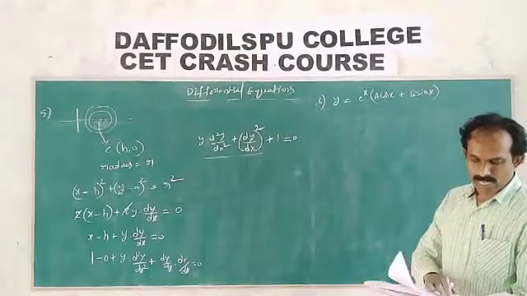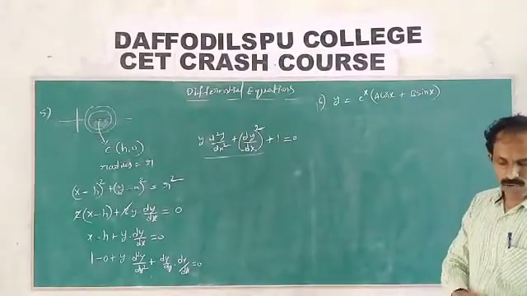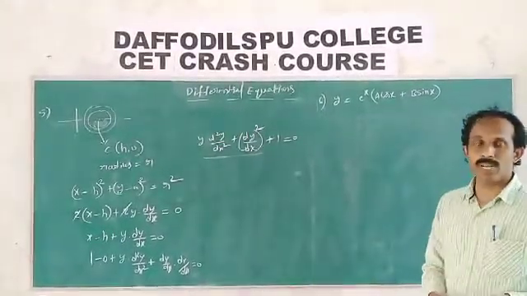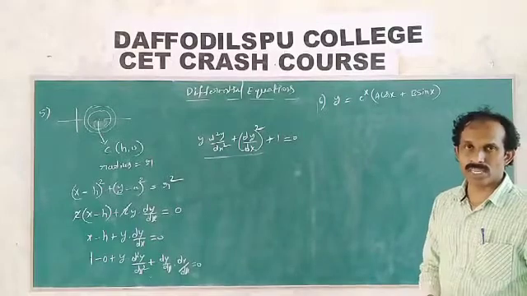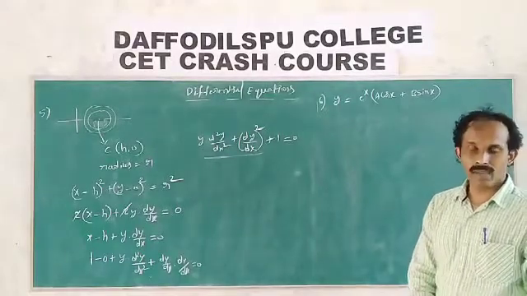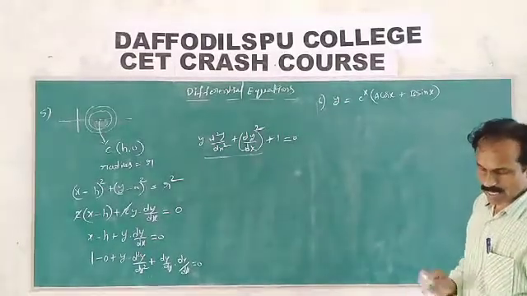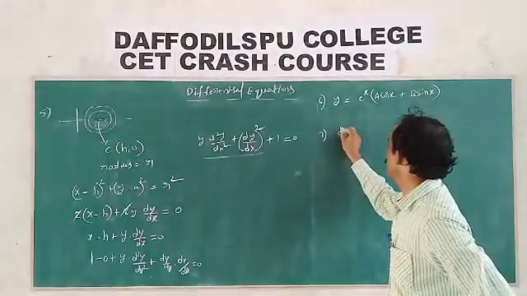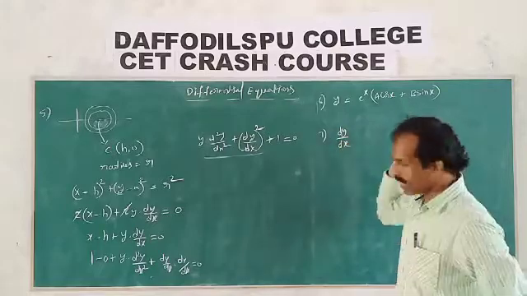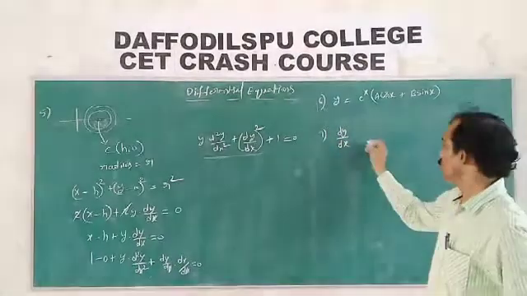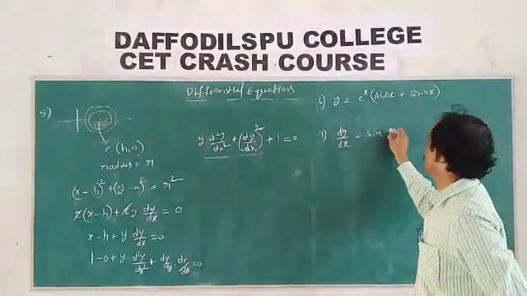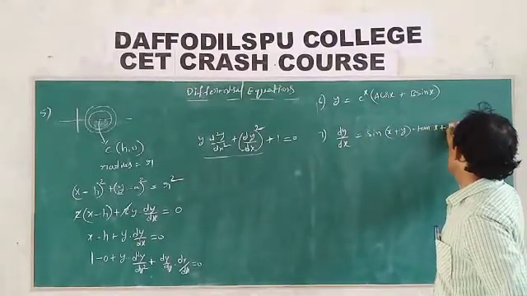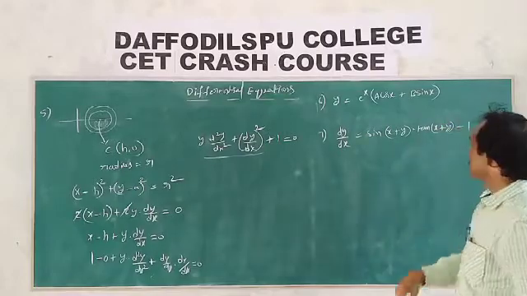Next, the solution of the differential equation. Okay, solution they ask now. Here, types: variable separable method or homogeneous method or linear equation methods, you can apply to solve the differential equations. Here, given seventh problem, dy by dx is equal to sin of x plus y into tan of x plus y minus 1.